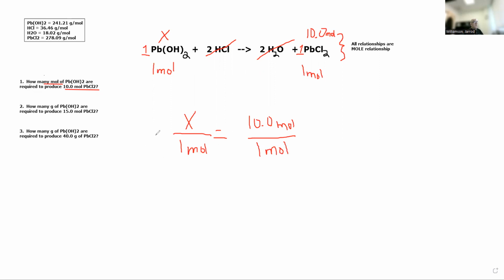And then I multiply both sides by 1 mole, times 1 mole. I'm being silly here just to keep the algebra straight. So these cancel, right? And I end up with X equals 10 moles.